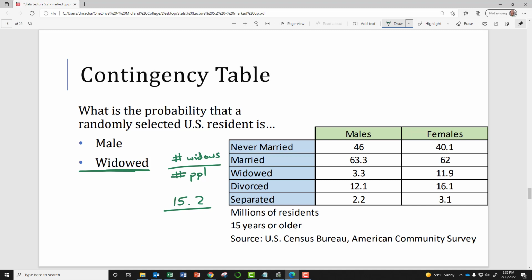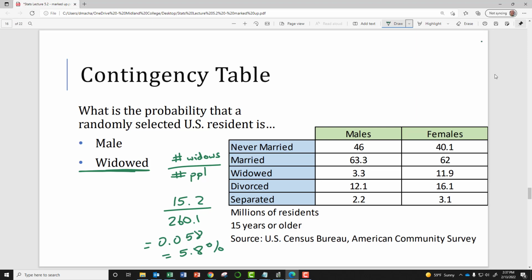Then we divide by the total number of people, which was 260.1. I'm going to need a calculator to help me with this. 15.2 divided by 260.1 is going to be 0.058, or you might also call that 5.8%. So 5.8% of U.S. residents 15 years or older are widowed.